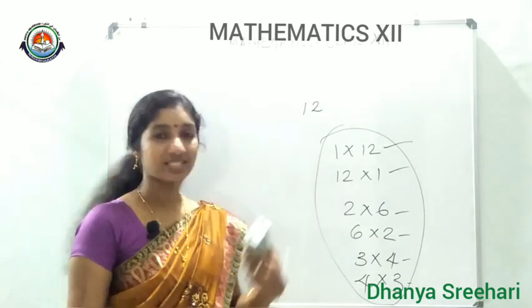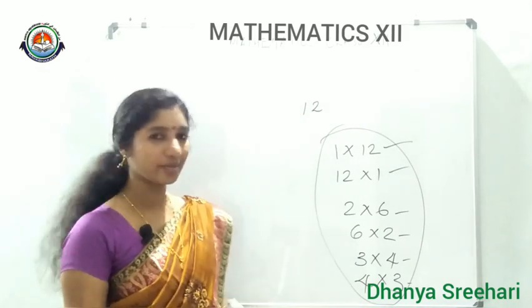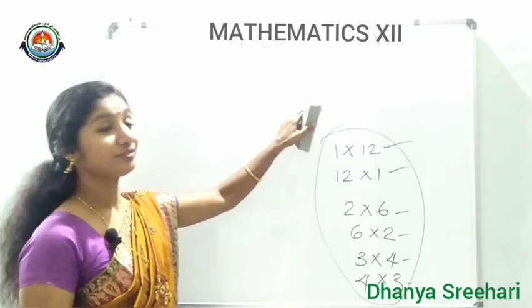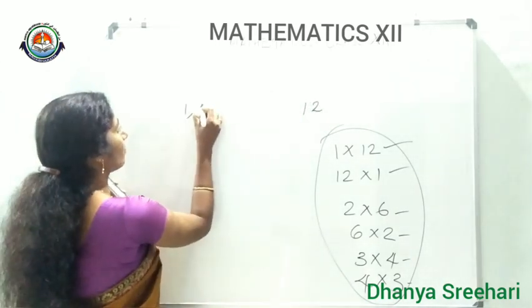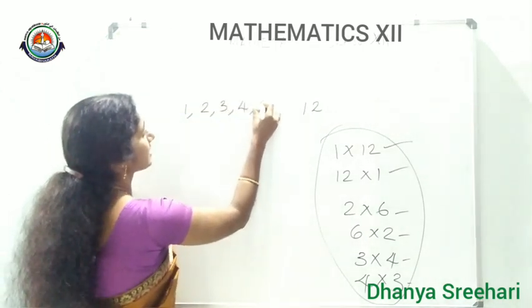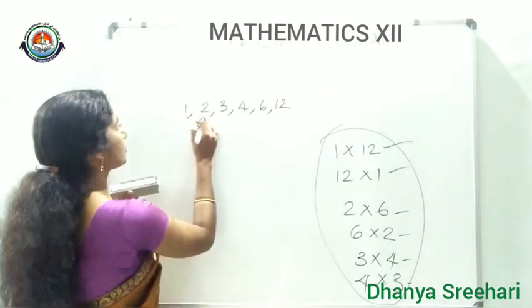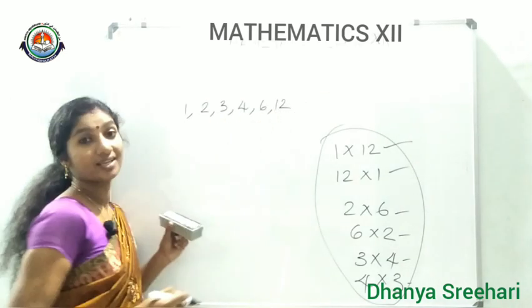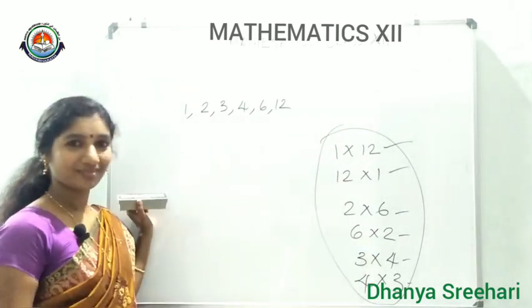So, 6 ways we can make the order of the matrix. Got it? How is the 6 coming? Actually, the 6 is the number of factors of 12. Which are the factors of 12? 1, 2, 3, 4, 6 and 12. So, 1, 2, 3, 4, 5, 6 factors are there. That is why we are getting 6.